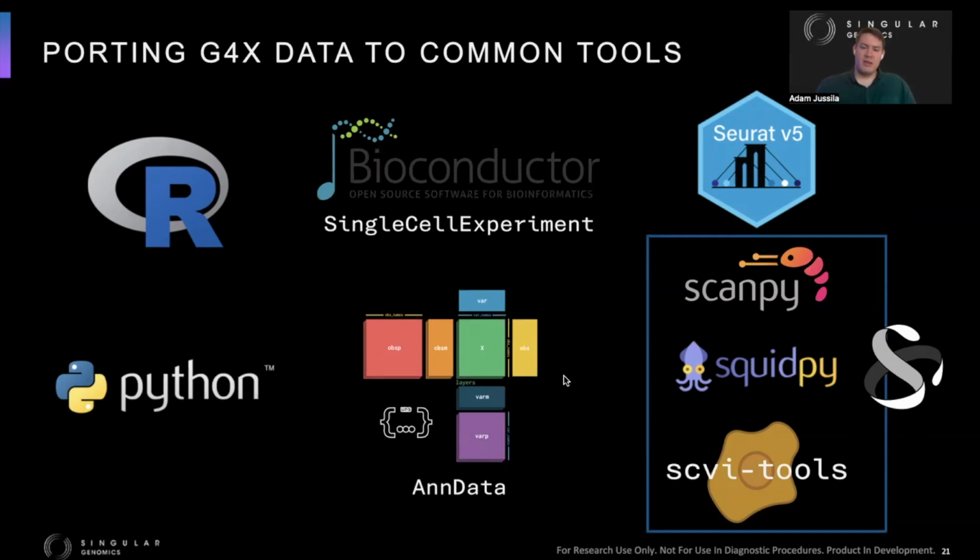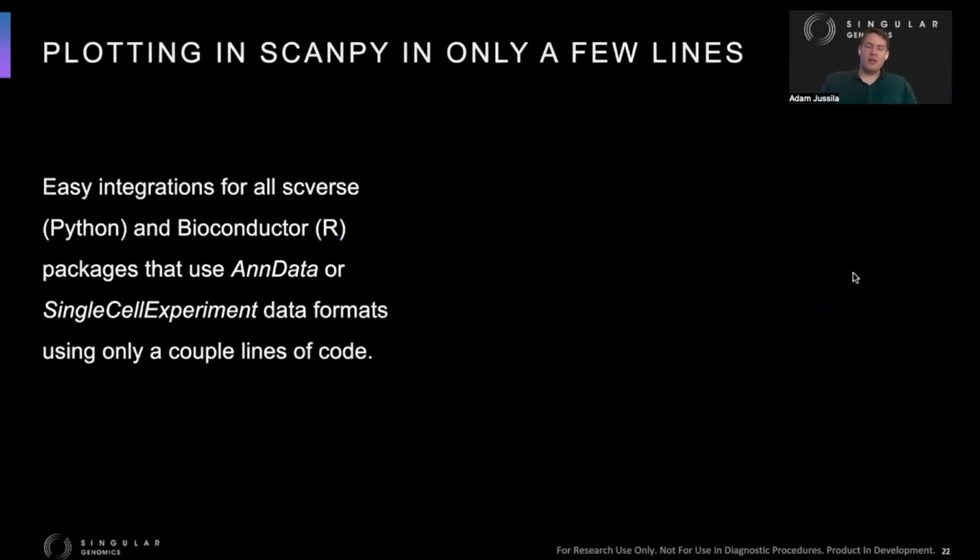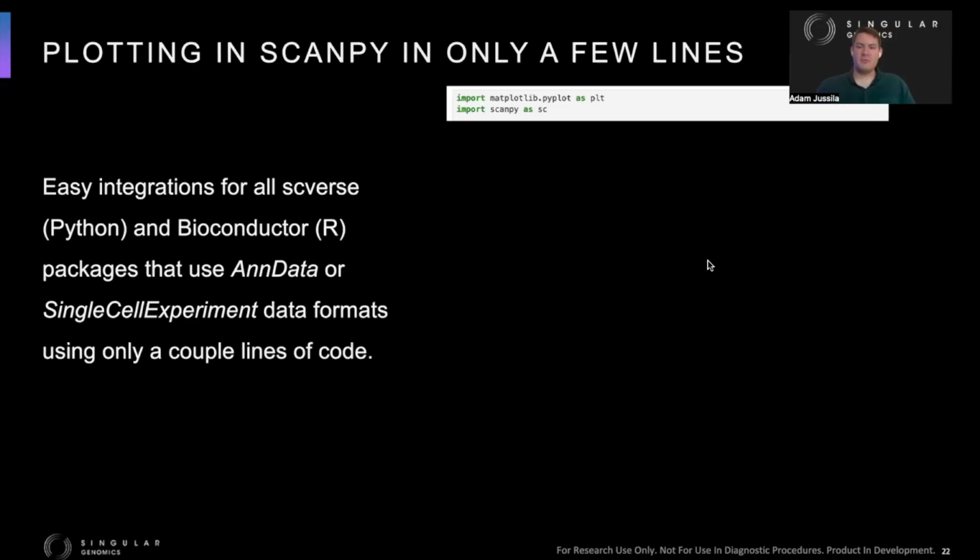Because of things like our AnnData, I want to also give you a quick sense of exactly how easy it is to port our data directly into something like Scanpy and plot your spatial coordinates. These integrations are designed to make it as rapid for you as possible. Imagining here that our goal is to simply plot in Scanpy using only a couple of lines, we do the following steps.